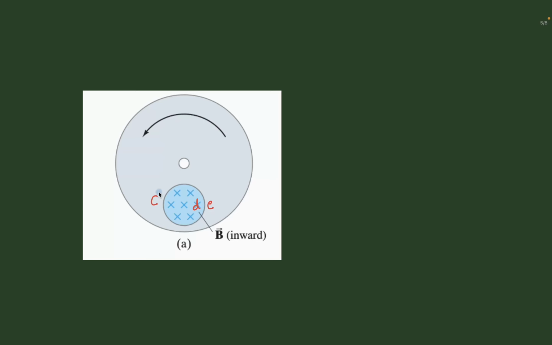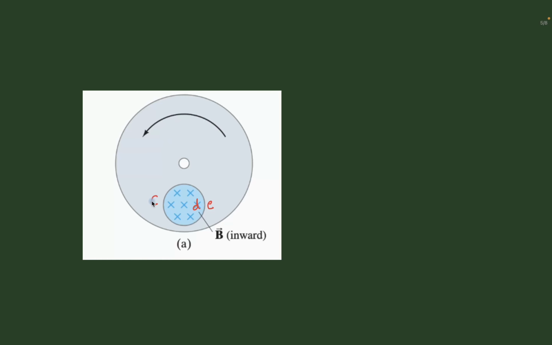So the moment it is going to enter into the magnetic field, what is happening in that region? The magnetic field is going to increase into the page. That means there is going to be a new magnetic field pointing into the page.